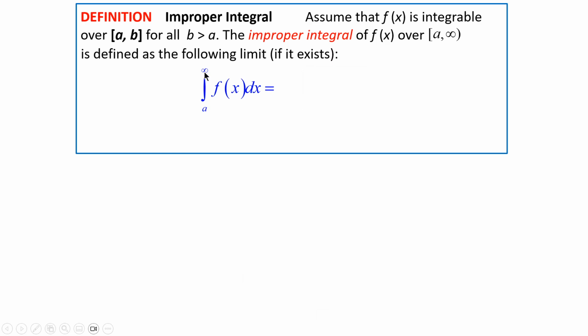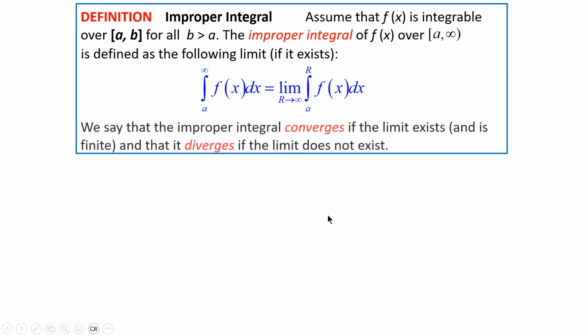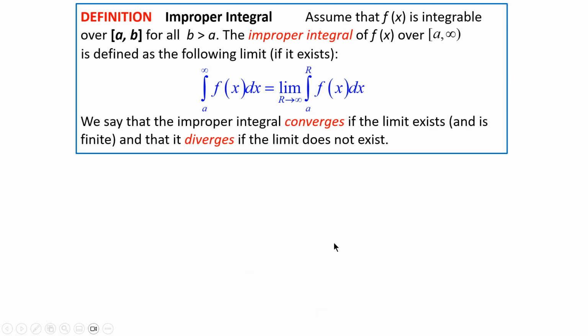And we don't like that bound of infinity, so we're going to have to make it an r and simply say we're going to do the limit as r approaches infinity. There it is right there. We say that the improper integral converges if the limit exists and is finite, and that it diverges if the limit does not exist. So convergence versus divergence. This is so cool.